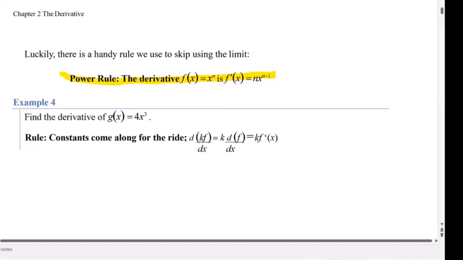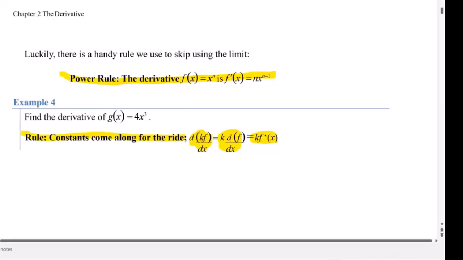The rule says that constants come along for the ride. So basically, here's a constant inside the derivative. I can take it outside the derivative, and I can say the derivative of a constant times a function is equal to the constant times the derivative of the function.